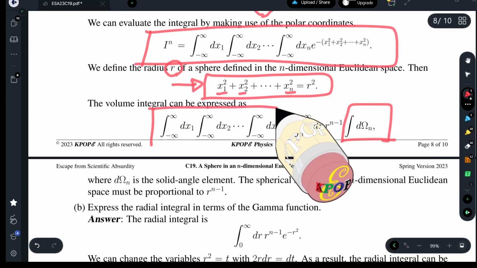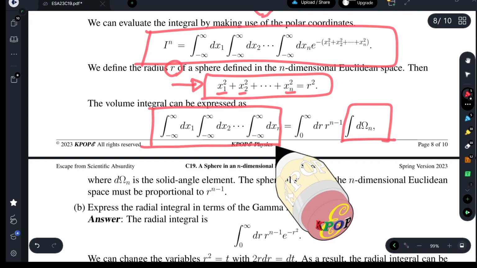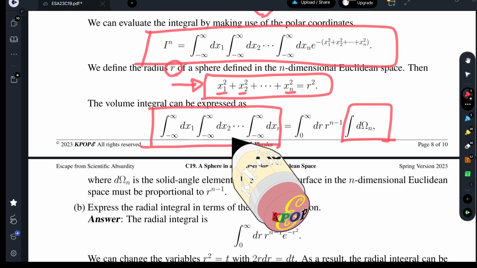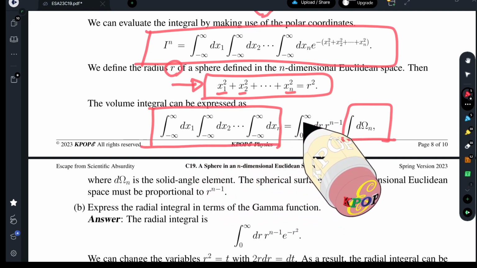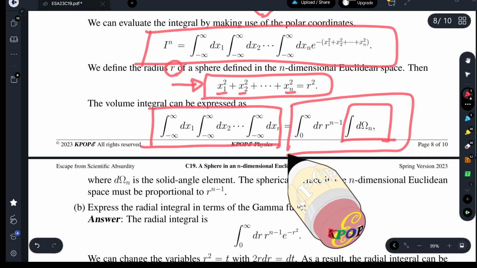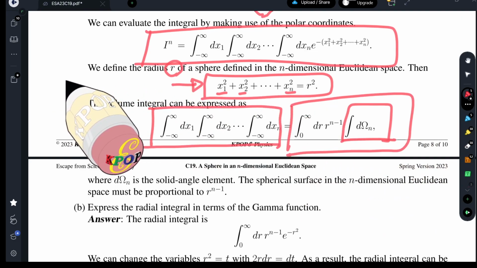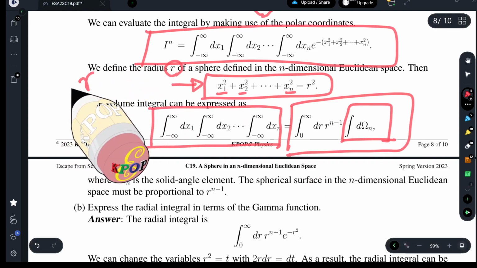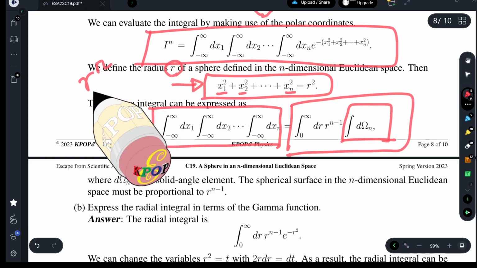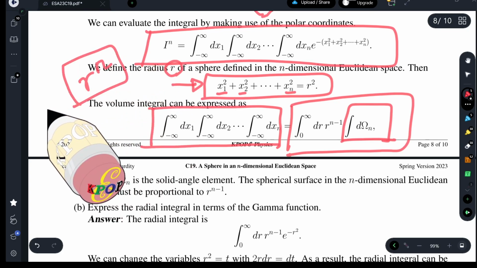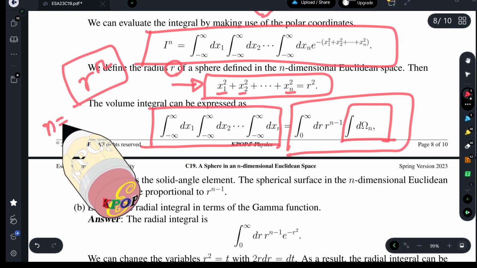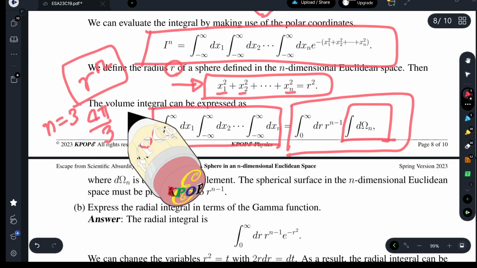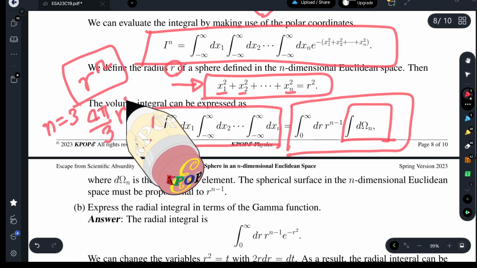Now we would like to find the volume element in the n-dimensional Euclidean space using Cartesian coordinates and polar coordinates. We know the volume of a sphere has the radius dependence of power of n. For example, the volume of a sphere for n equals 3, we know is 4 pi over 3 r cubed.